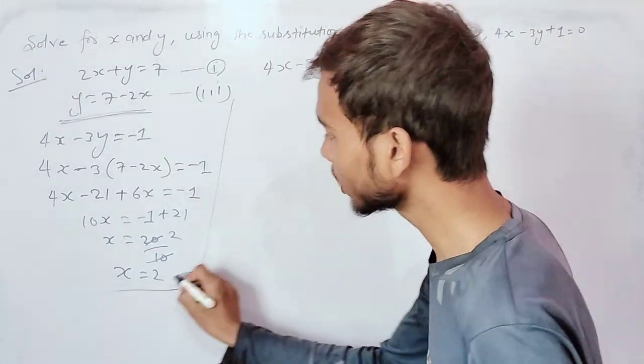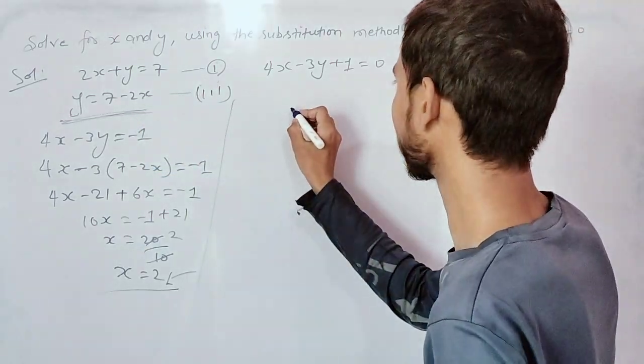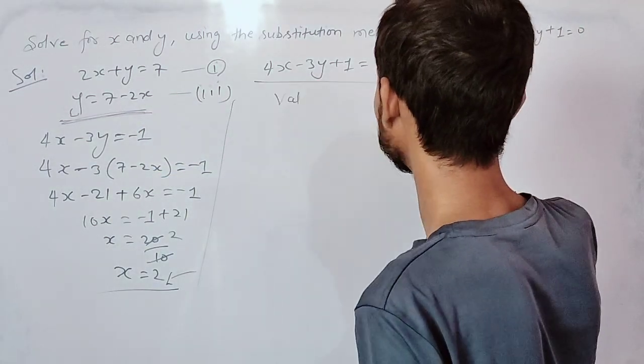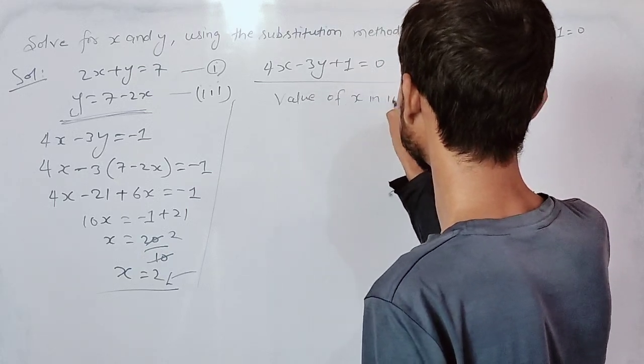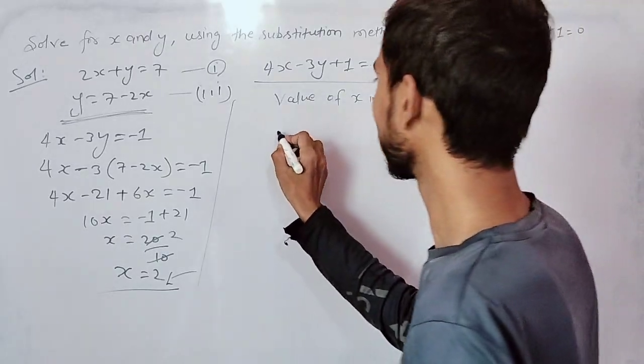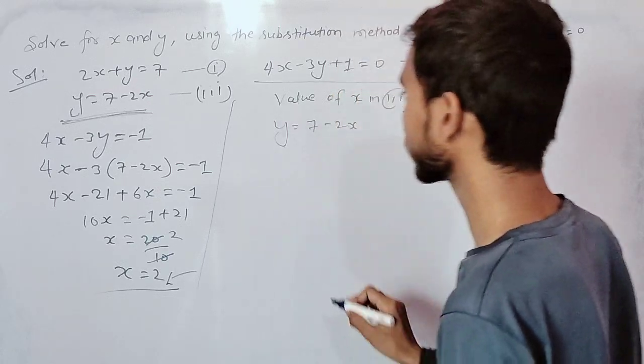Now what will we do? We will substitute the value of x in the third equation. Clear? You can say y is 7 minus 2x. This is the third equation.